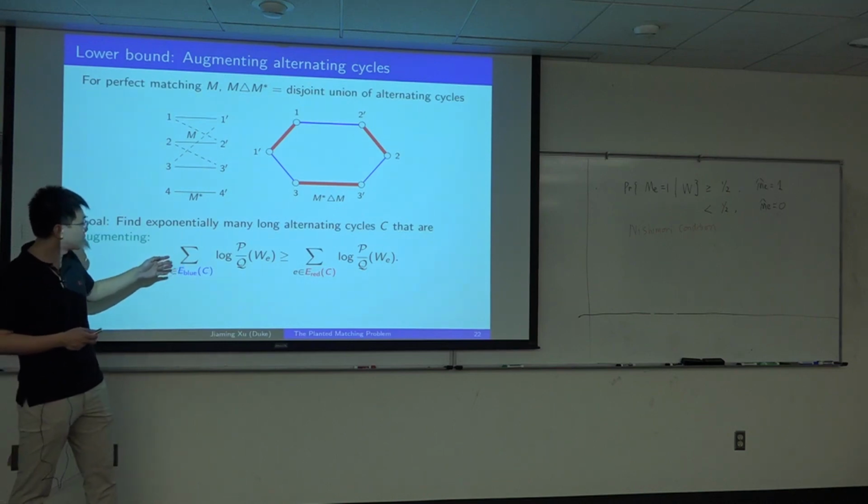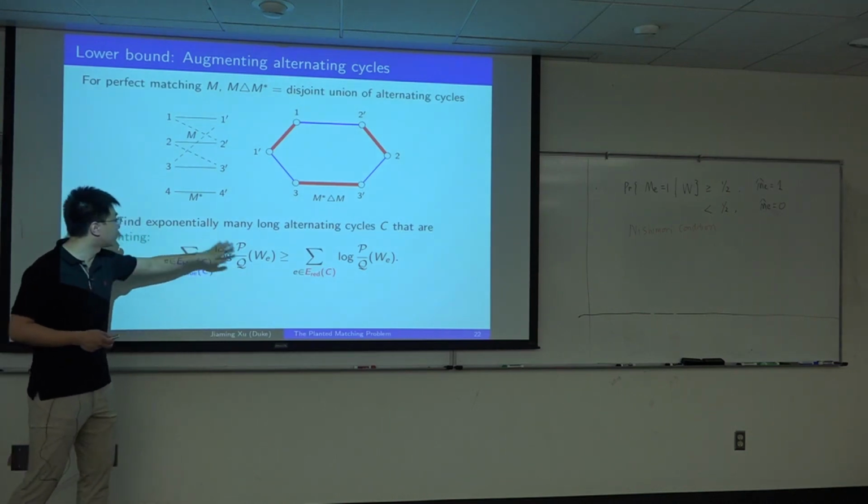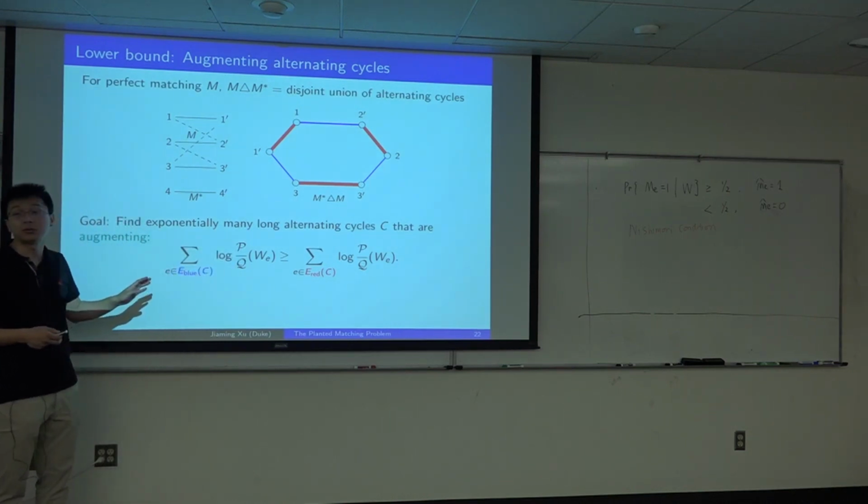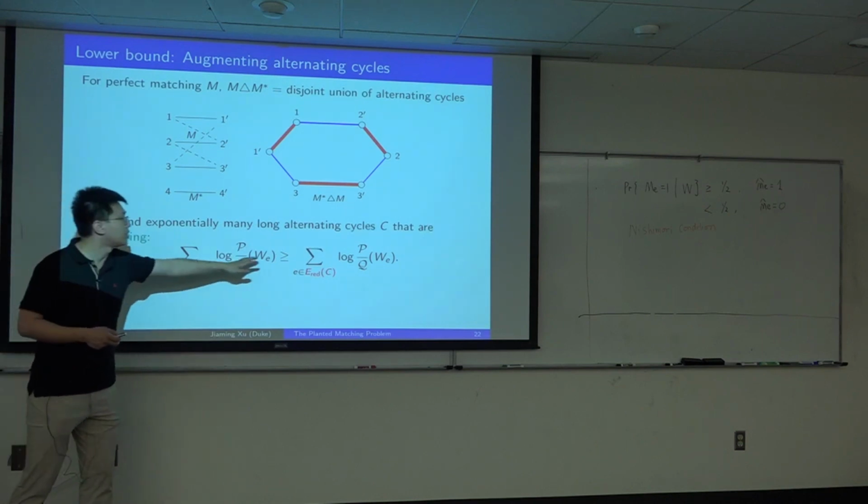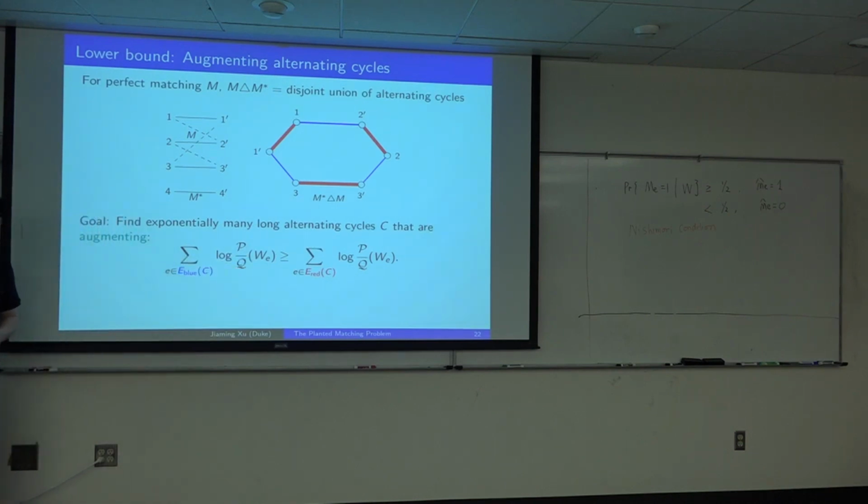So if you take the sum over the rest, these become the total log likelihood weights for the fake matching, and it will be bigger than or equal to the total log likelihood weights for the true matching. Make sense? So now this just boils down to finding these long augmenting alternating cycles.